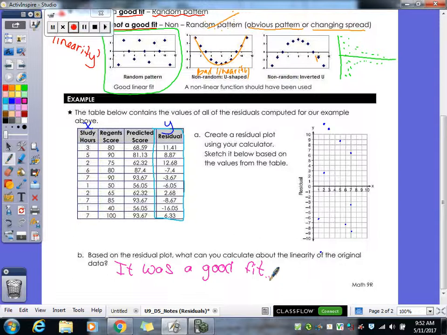So what we're going to do quickly is practice doing a residual plot in your calculator, so we can go through the steps together.